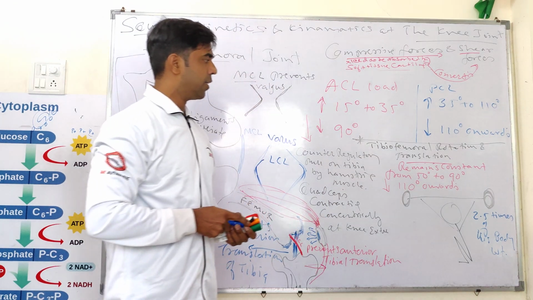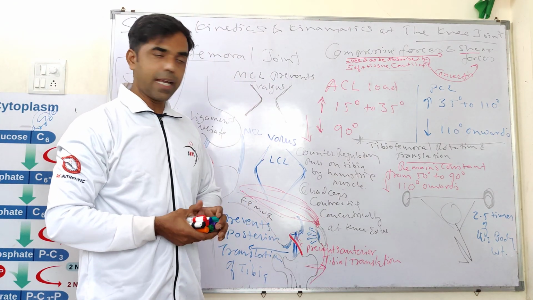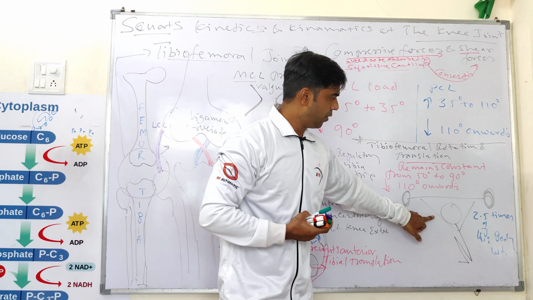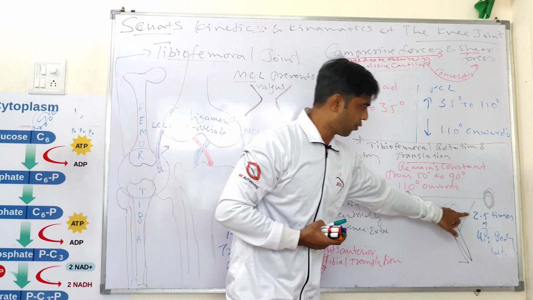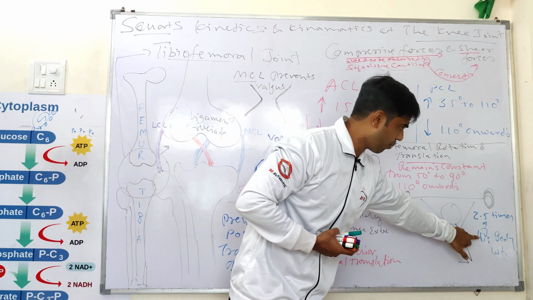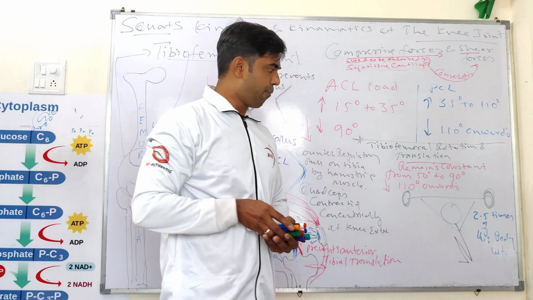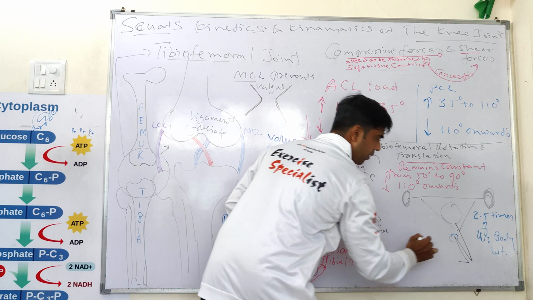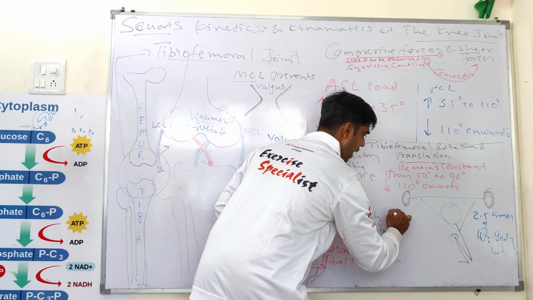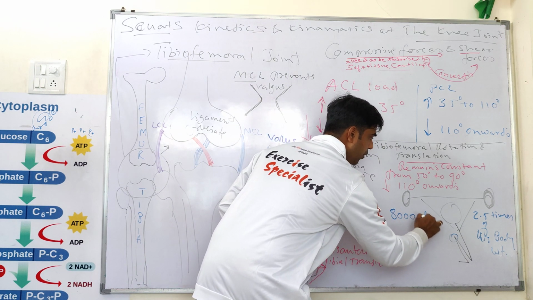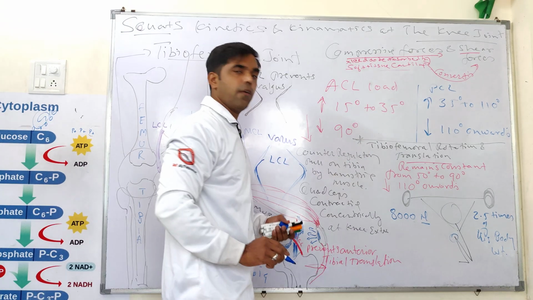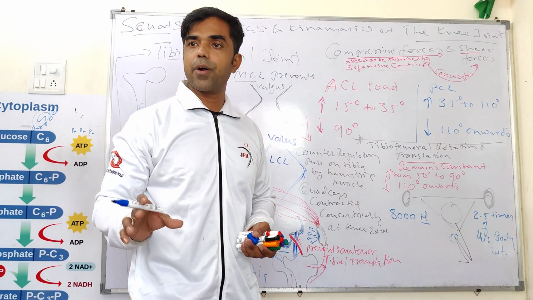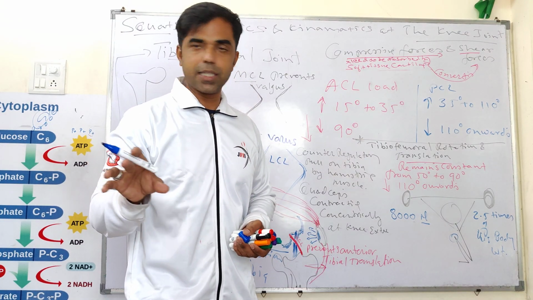That study declared that a power lifter who lifted 2.5 times his body weight in full squat, in deep squat, had recorded forces of 8,000 Newton meters, right? Forces are recorded in Newton meters, right?